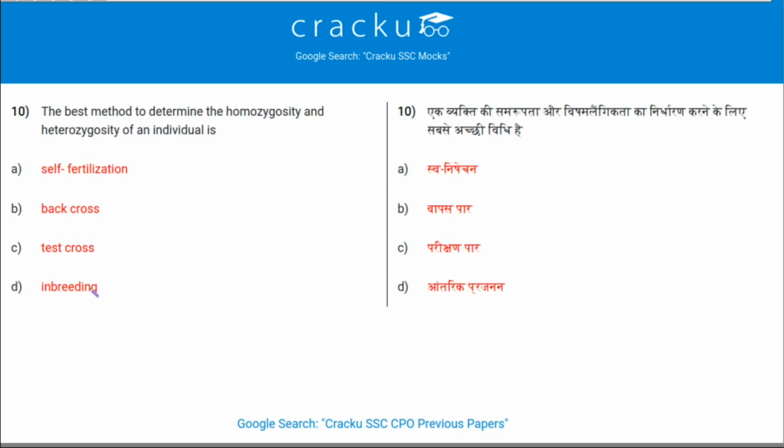The best method to determine the homozygosity and the heterozygosity of an individual is test cross. Option C, where, as said earlier, in test cross the dominant phenotypic form is crossed with homozygous recessive genotype. Option C is the answer.